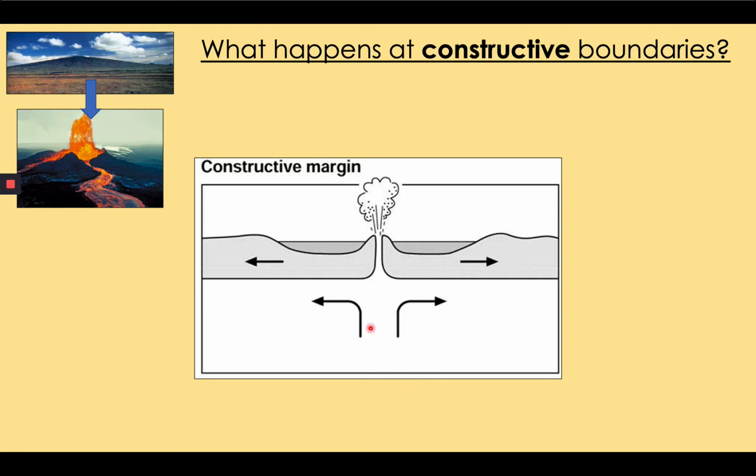The convection current from the mantle spreads the tectonic plates apart as it spreads out beneath the crust. As the crust spreads apart, this creates a gap, or a fissure, F-I-S-S-U-R-E, between the two tectonic plates. This allows the hot magma within the mantle to rise through the crust and erupt as a volcano.